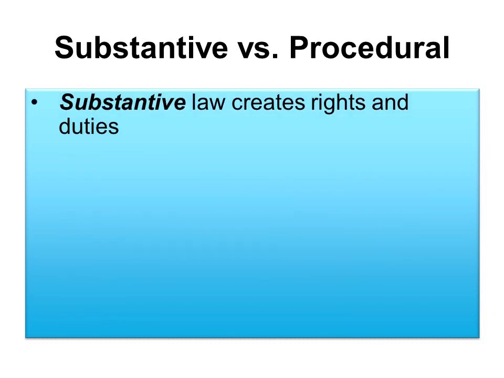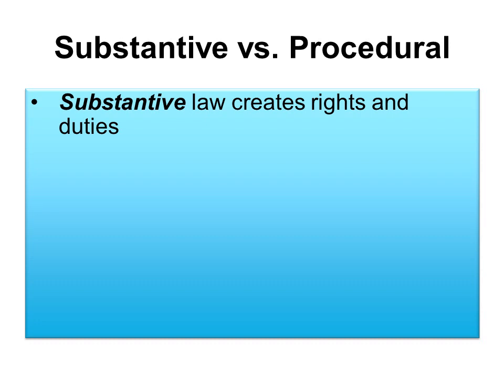Alright, substantive versus procedural law. This is the last point in Chapter 4 on the classification of law. Why is it important? Well, when we are working on a case, we really need to realize that there are substantive law areas and there are procedural law areas. Substantive law is the law that creates rights and duties to each other.